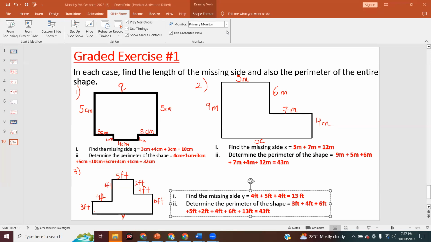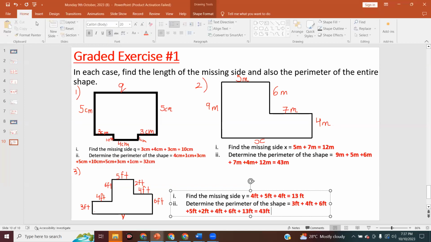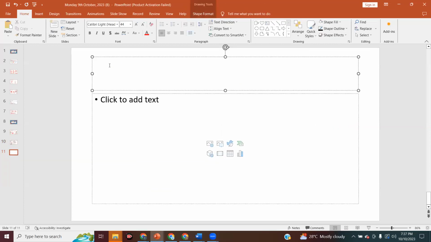All right, let's move on to the next one. For this one, we had to add to find the missing side length. Let's do something different. Let me do another example for you.